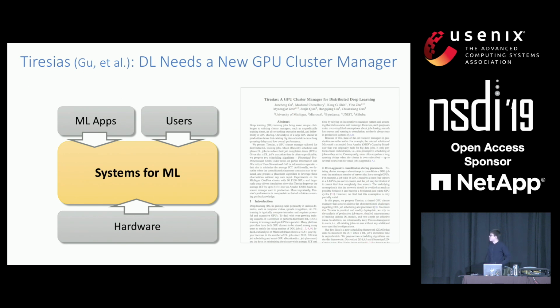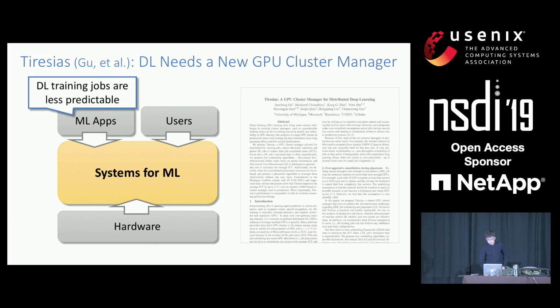Now, the second paper, called Tiresias, is a GPU cluster manager to minimize the deep learning training time when you have multiple deep learning jobs running on the same GPU cluster. Resource management is a very classic problem, right? So why do we need a new resource manager for deep learning and GPU clusters?